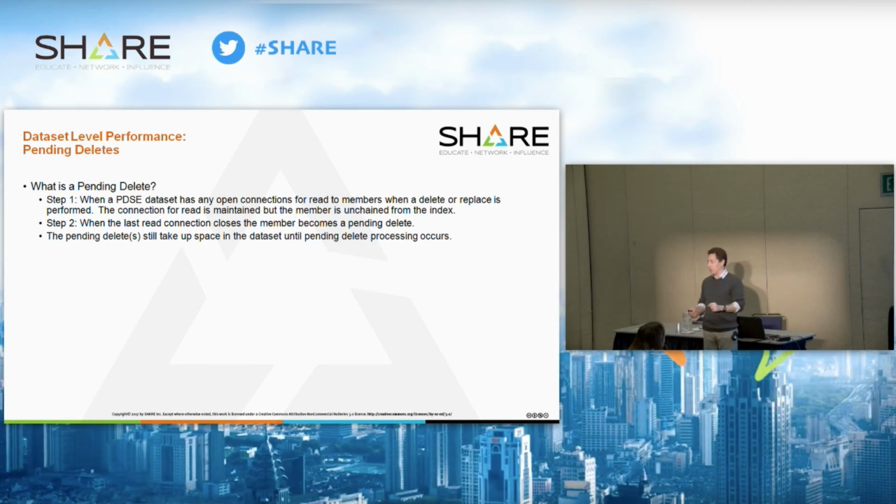That may sound a little funny, but this is entirely legal with a PDSE. Remember that when we write to a member, we're actually replacing that member with a new one and unchaining the old version. We can still have folks reading that old version when we unchain it. And we're waiting until that read is done to actually do the deletion and reuse of that, hence the pending delete of that old version of the member.